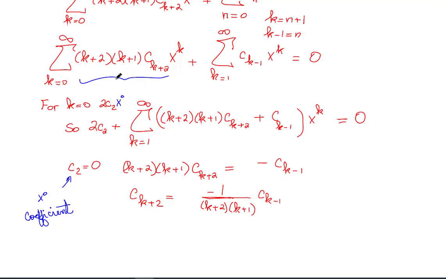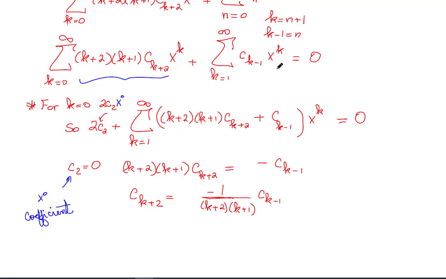So coming down here, I take off the lead term. So when k is 0, I get a 2, a 1, and a C2. So that's what went on right here, and I get that piece out in the front. This one starts off at 1.